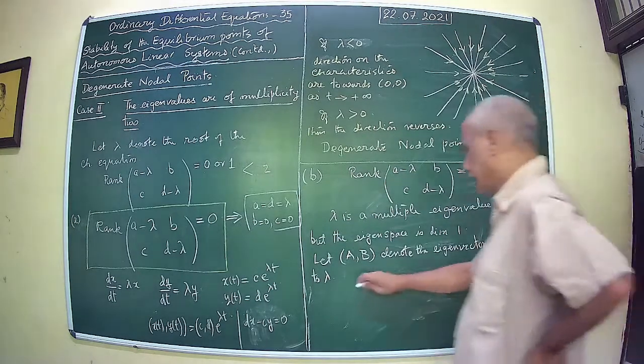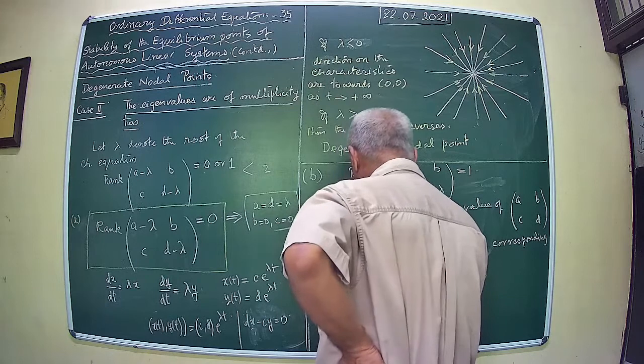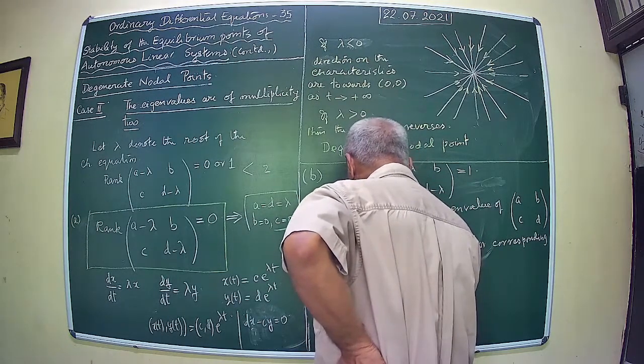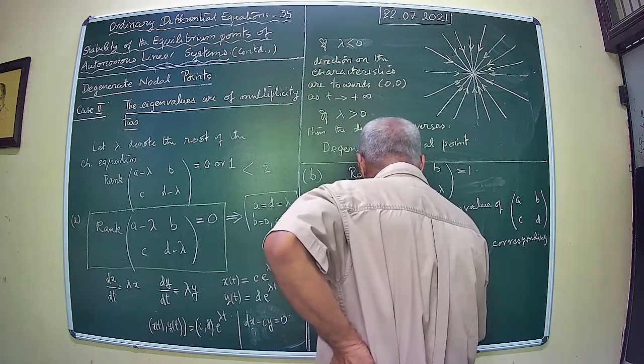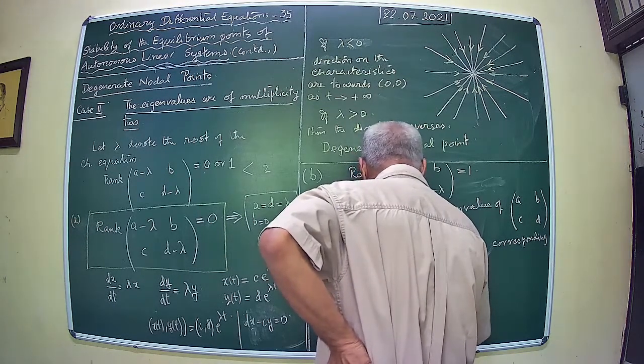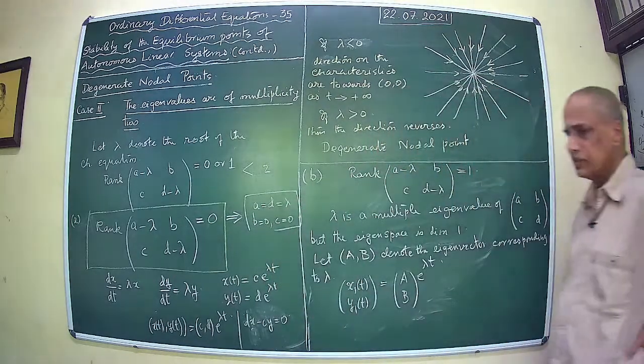Then you have immediately a solution, lambda t. So that is one solution.